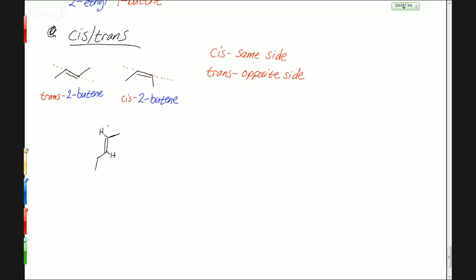But we draw that line parallel to the double bond again. And then we say, okay, those two hydrogens, are they on the same side or the opposite side of that line? Yeah, they're on the opposite side. So that makes this a trans. And in this particular case, this is trans 2-pentene.